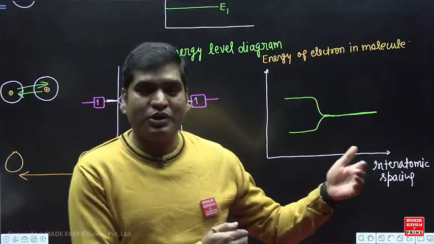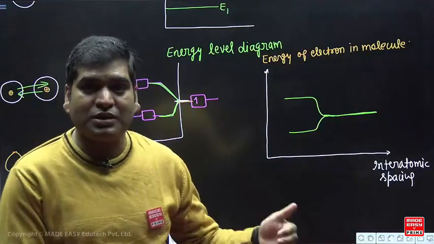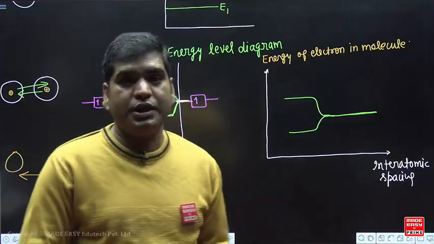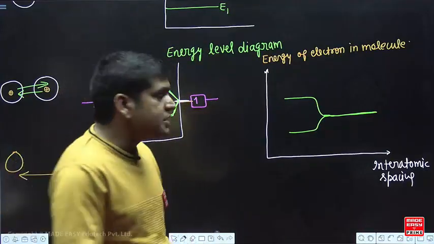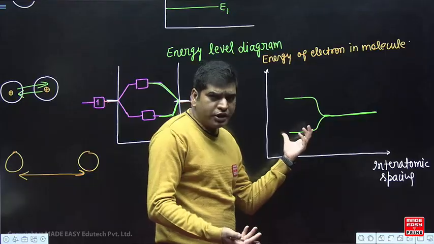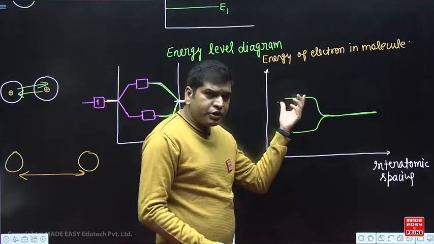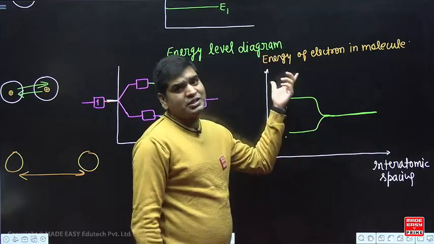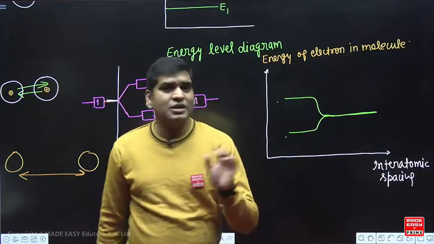Because the same thing I told you, for a stable bonding, the number of electrons in bonding molecular orbital must always be greater than the number of electrons in anti-bonding molecular orbital. It means here in the lower energy state, this represents bonding and this represents anti-bonding. So here the number of electrons must always be greater than the number of electrons here, right?